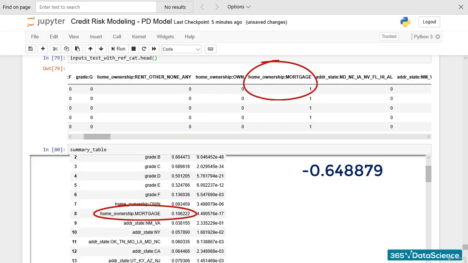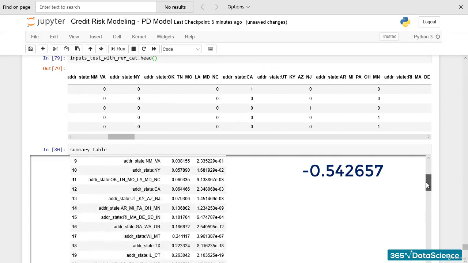As you can see, the borrower has a mortgage. The coefficient of that dummy is 0.106222. So when we add it to the total up to now, we get minus 0.542657.